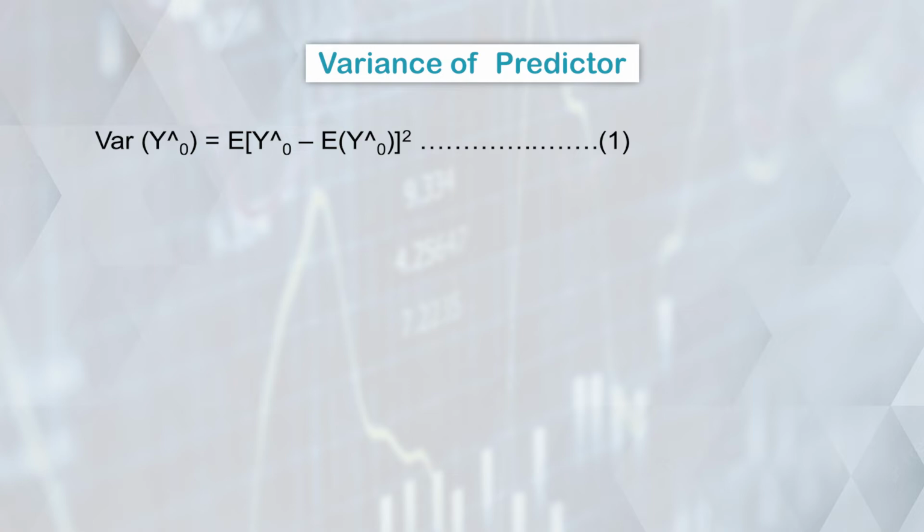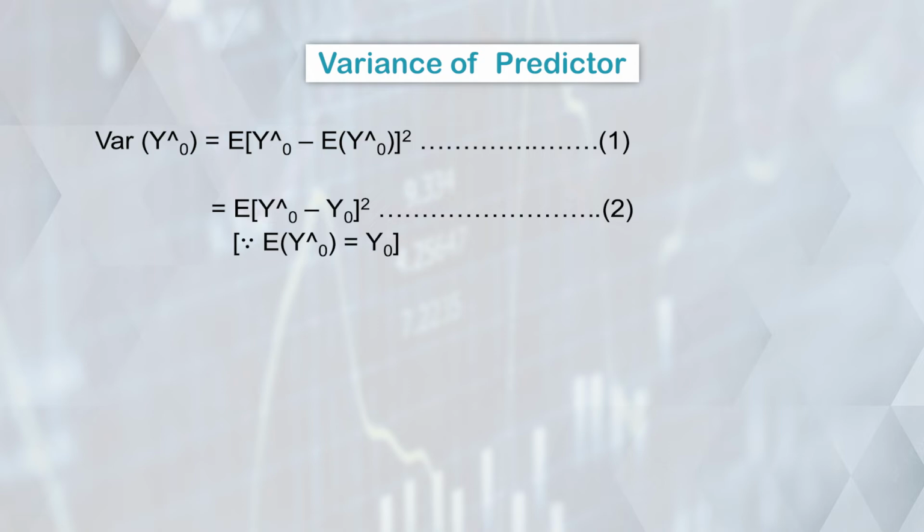As by the expression of the variance of x, if x happens to be a random variable, we have just seen that y0 hat is an unbiased estimator of y0. So in place of the expectation of y0 hat, we can write y0, and thereby we go for equation number 2. Now this difference is actually the minus of the error E0.